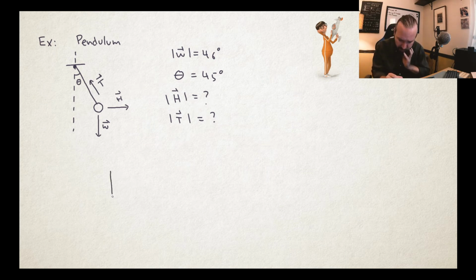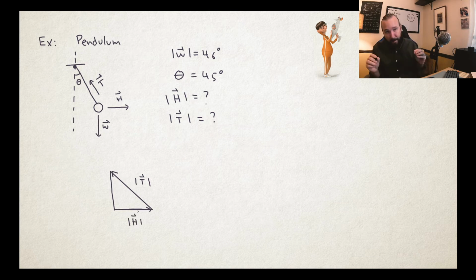Okay, so here's the right triangle picture that goes with this. This diagonal one right there is T, so the length is the magnitude of T, just however long T is. The horizontal one is H, so the arrow along the bottom is H, and the length of that arrow is the magnitude of H. And then one more, W, the weight force pulling down.